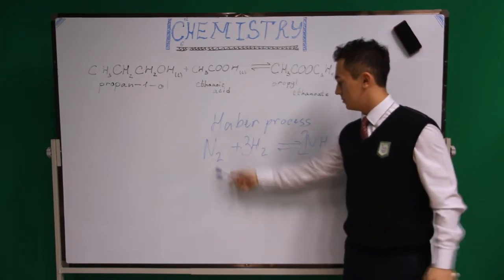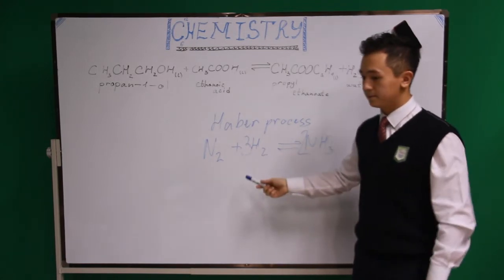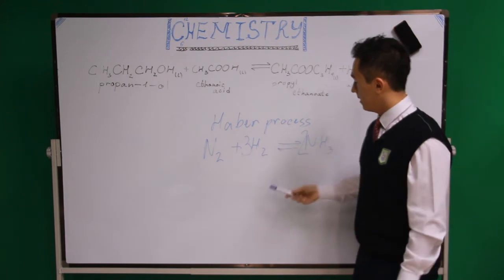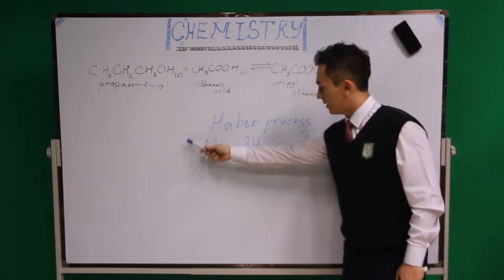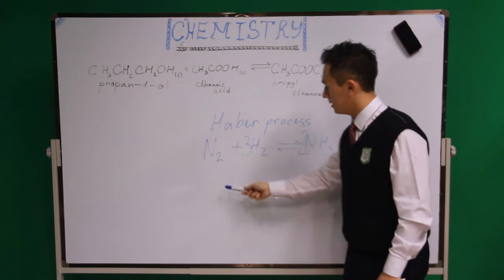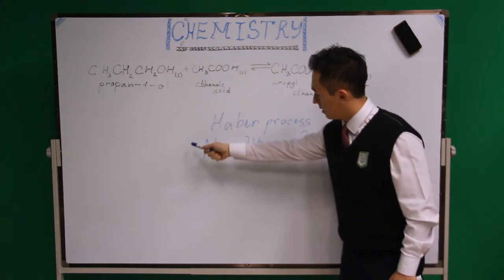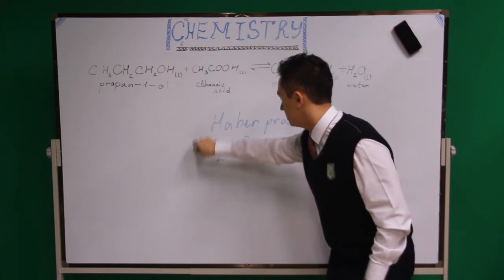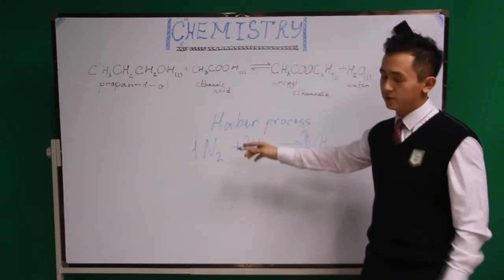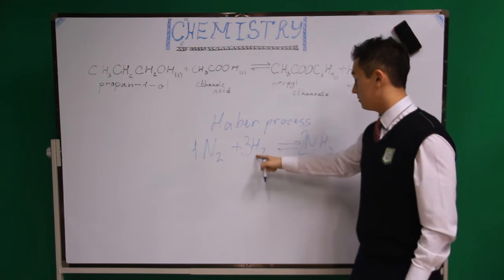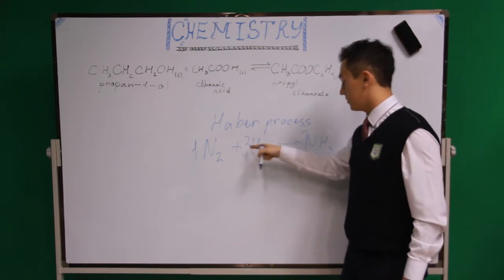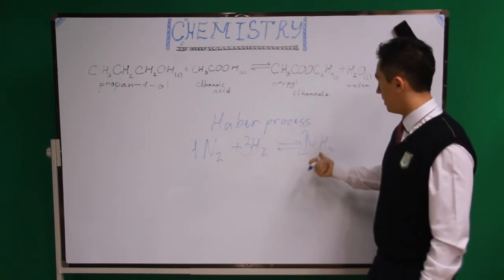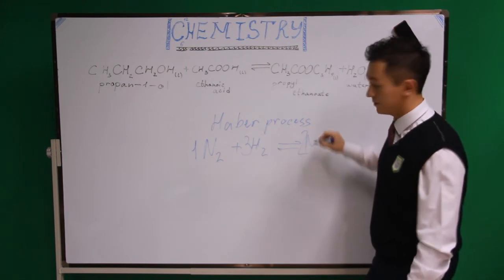So in this case we are talking about gases. As you can see, the coefficient of nitrogen is 1, but we don't write it. The coefficient of hydrogen is 3, and here we have the coefficient of 2.